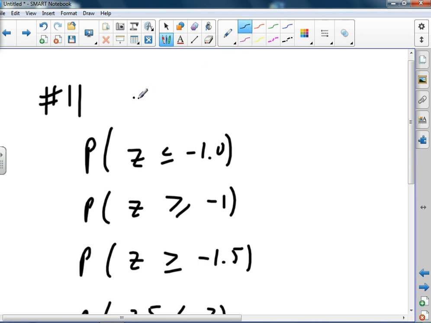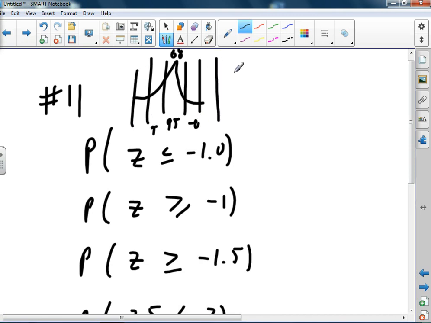I got the standard deviation thingy, right? I've got 68% for one standard deviation, 95% for two standard deviations, and 99% for three standard deviations, right? So if Z is less than or equal to 1, that would put me right here because the standard deviation is at 1.